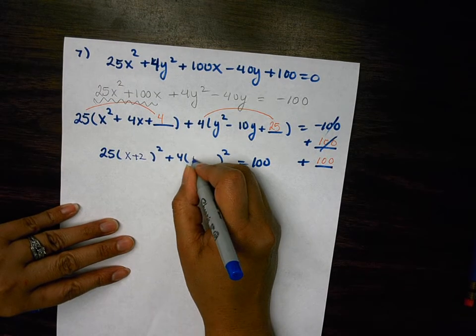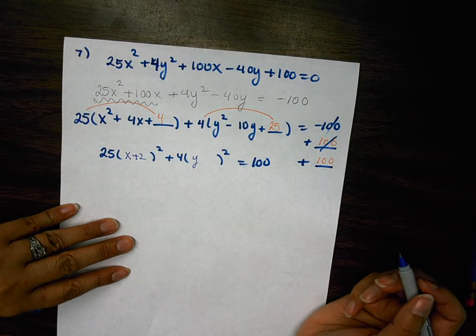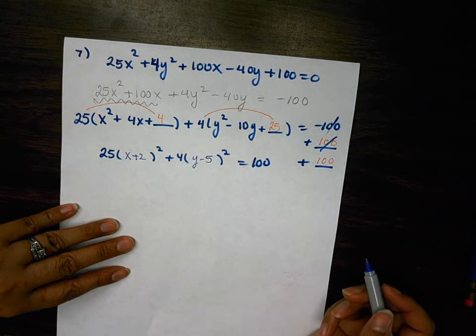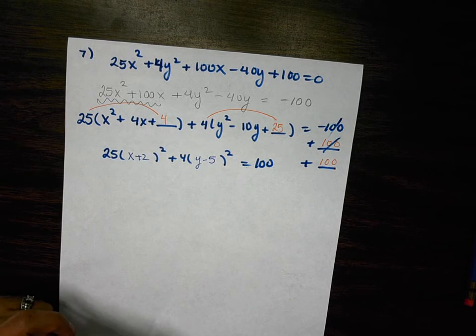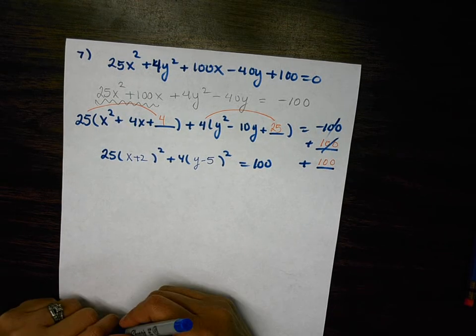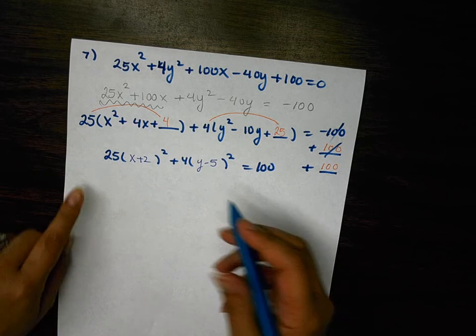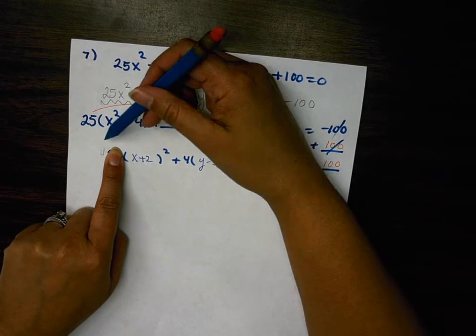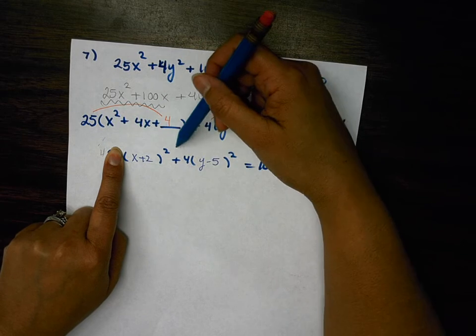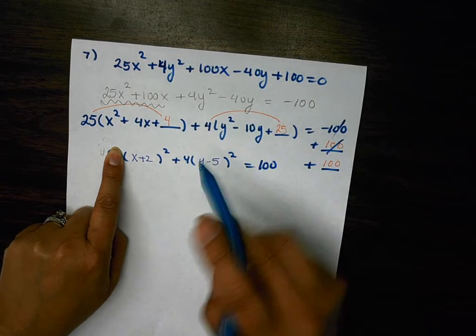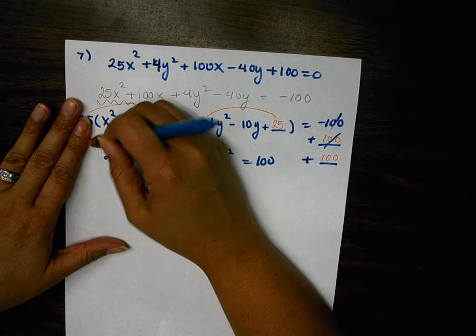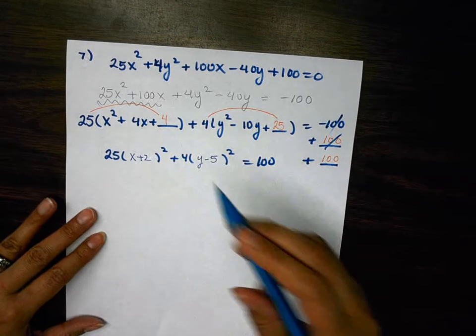X plus 2 quantity squared. And y minus 5 quantity squared. Plus 5 or minus 5? Minus. And then if this were a circle, meaning let's pretend that was a 4. If it was a circle, what would I divide everything by? The 4, to get these cleared and have the radius on the other side.